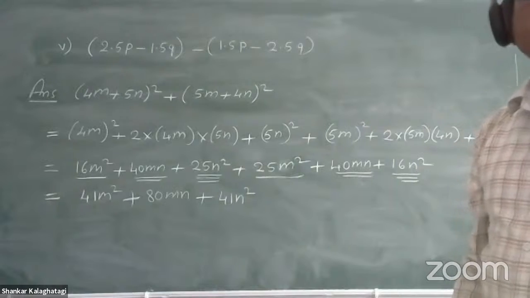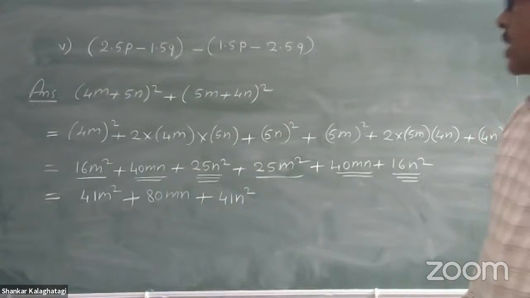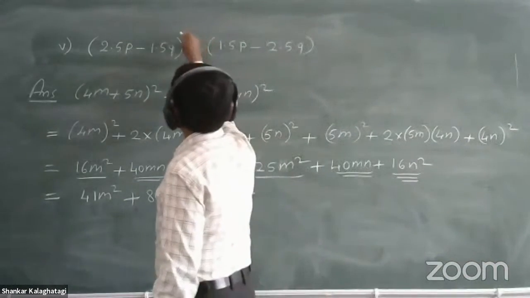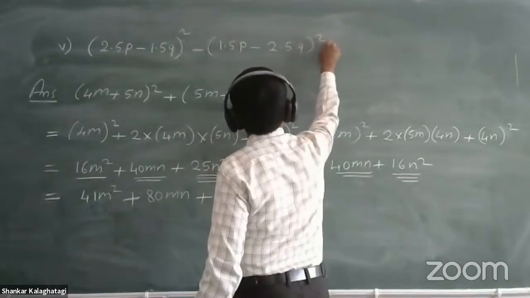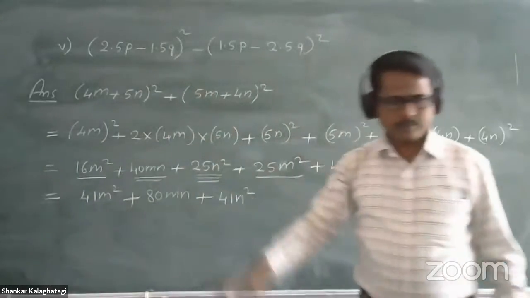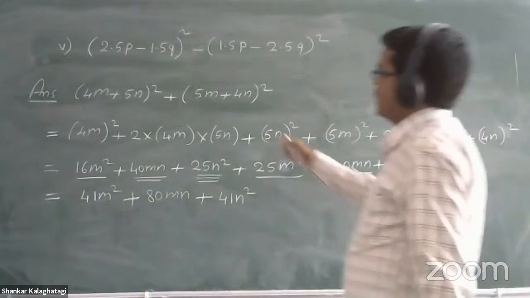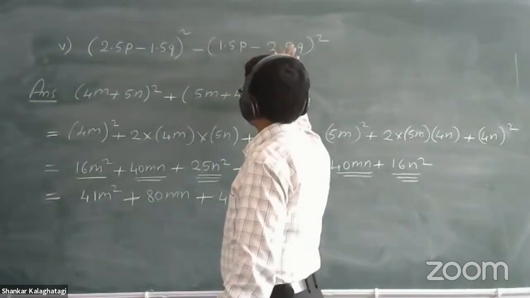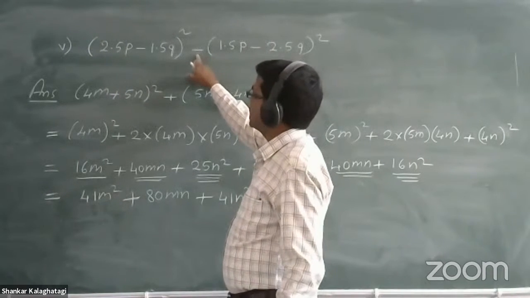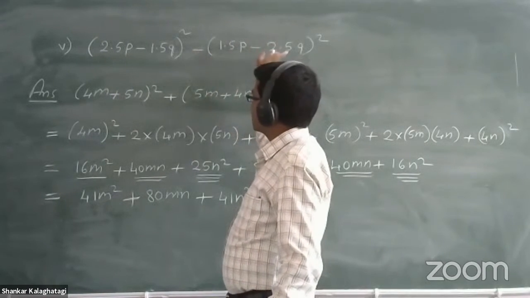Try this, students, all of you. This bracket square is here, here bracket square. This is also bracket square. Similarly, you try. Exactly same. First you find out the square of this, find out the square of this. Middle minus sign is there. Multiply the minus sign inside.